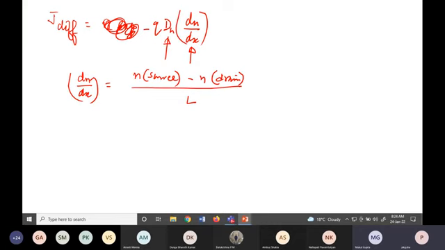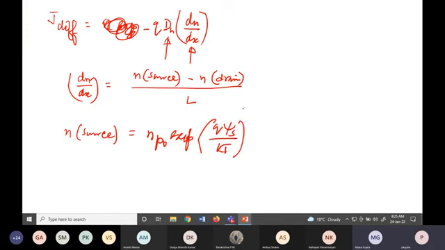We can write it as follows, where psi s is nothing but the surface potential.